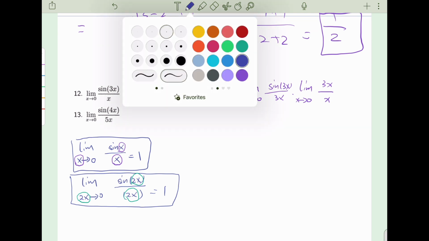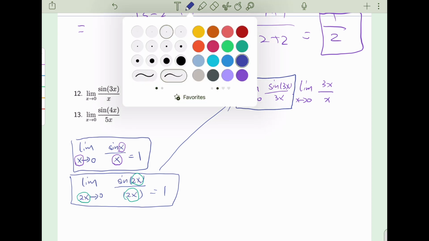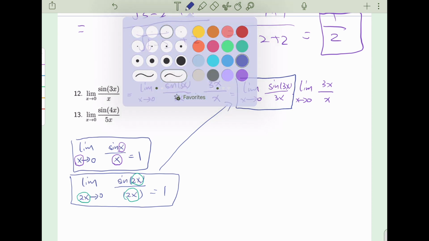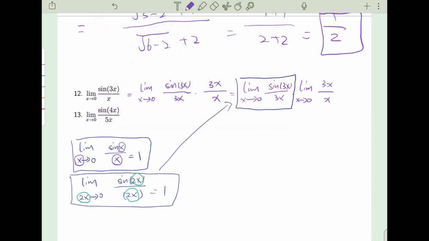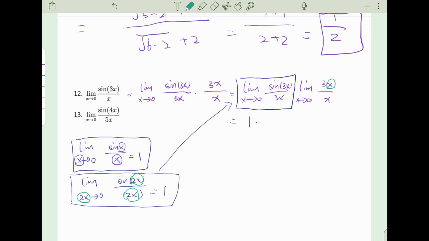The first one is 1 by the formula. The formula here tells you that this is of this form, so this is equal to 1. And the other one I can cancel out the x. It's a 0 factor, so it's 3. Now the final answer is 3.